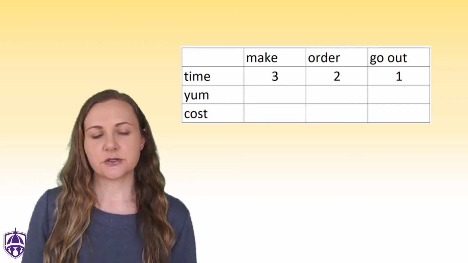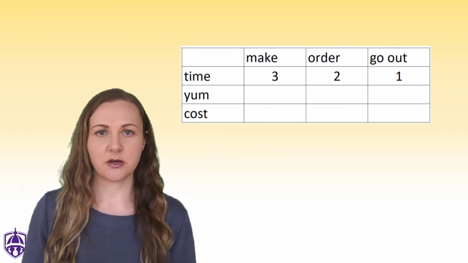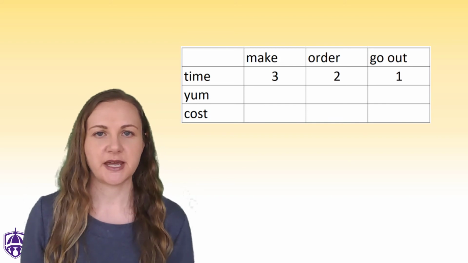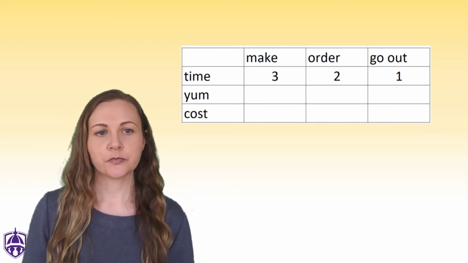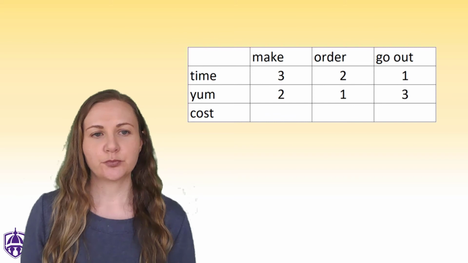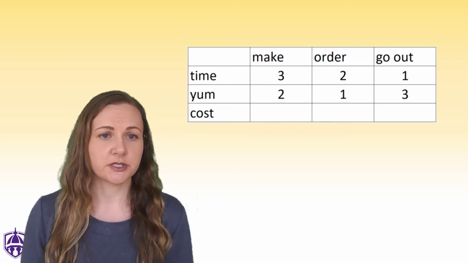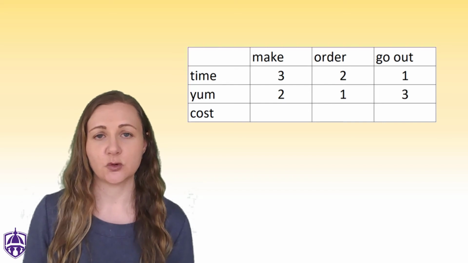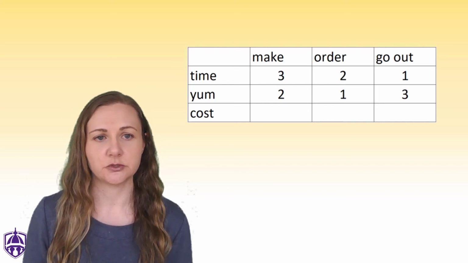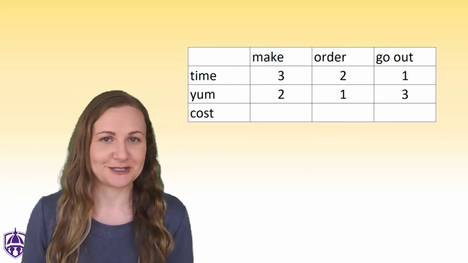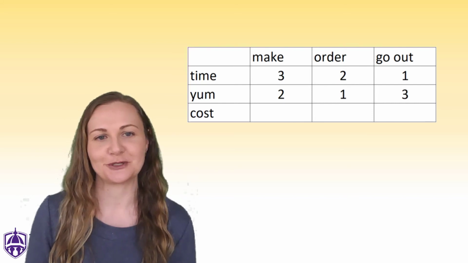The second factor, the second criterion that I established, is something I call the yum factor. It's how much do I enjoy this meal? So I would probably enjoy a pizza that I made as a 2 versus ordering my own food as a 1 because I haven't had to do as much work to go into it. That means I'm probably going to enjoy it more.